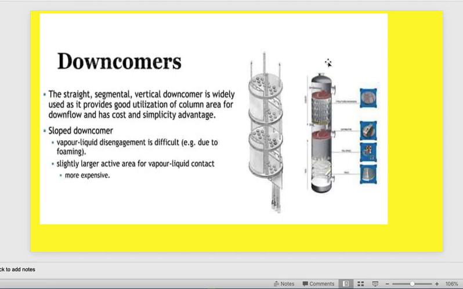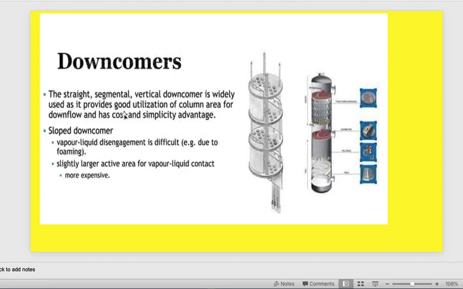The downcomer is normally the path for the liquid from up to down the column. And there are some designs like sloped downcomer and some like straight downcomer, segmental.